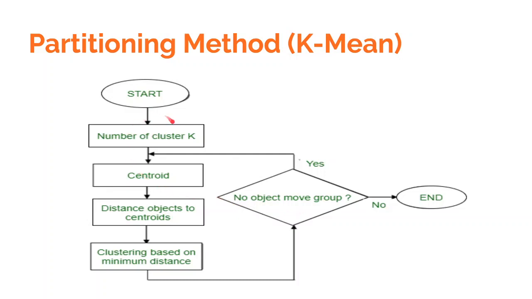This is a flow chart for the k-means partitioning algorithm. So here, first the user needs to define the number of clusters, and that value is considered as the k value. They need to pick any mean value, which is considered as the centroid.